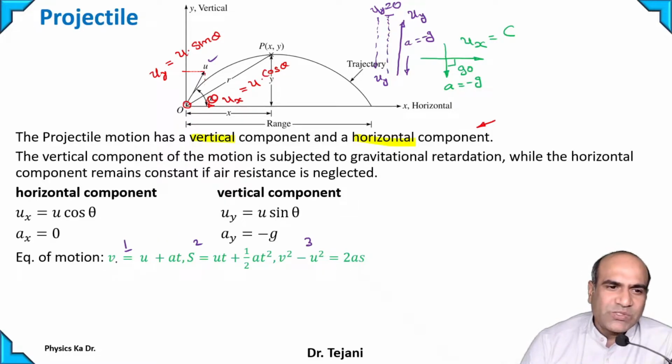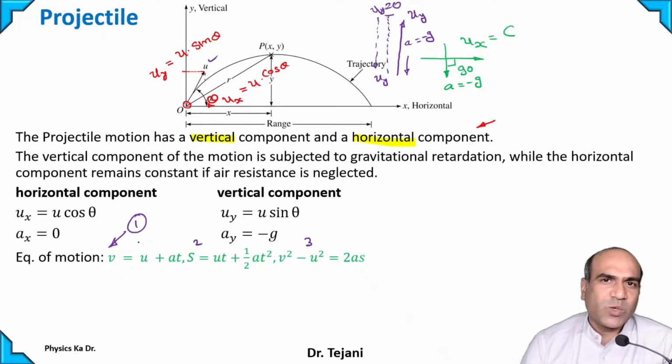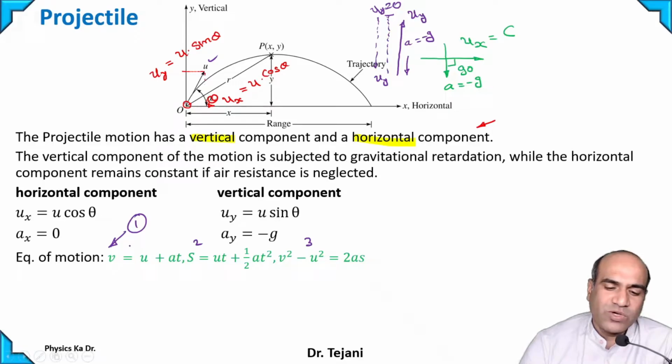Okay, so let's use the first equation: v, that means final velocity or velocity after some time, is equal to u plus at. This equation is for one dimension analysis, and we have two dimension analysis here, so we have to take this as two dimension.